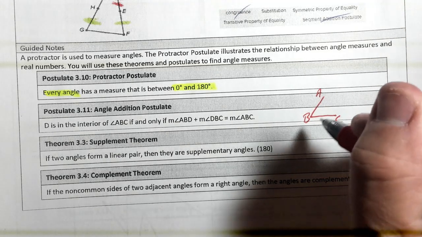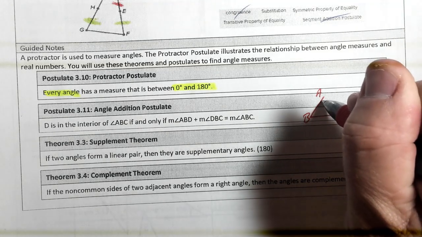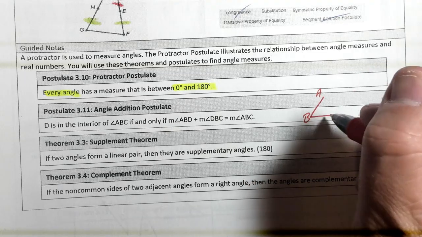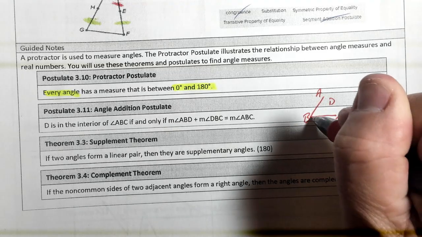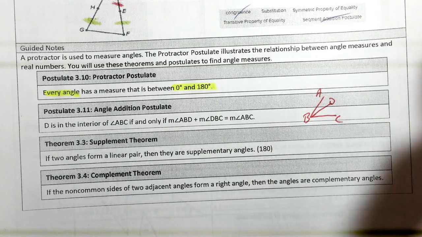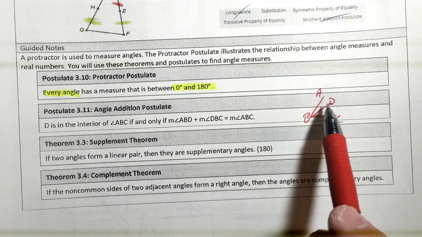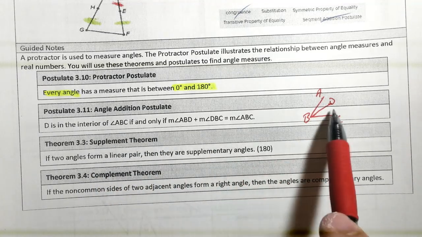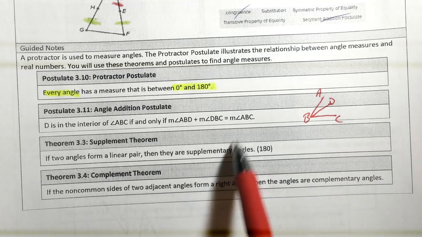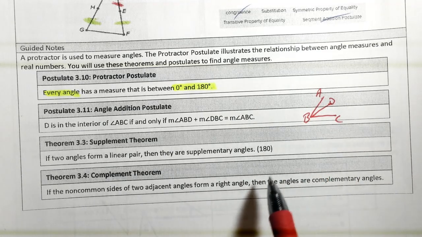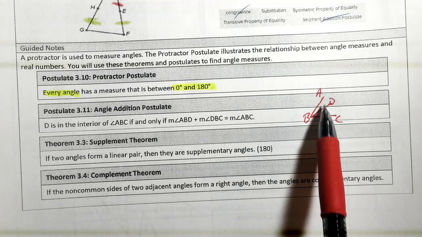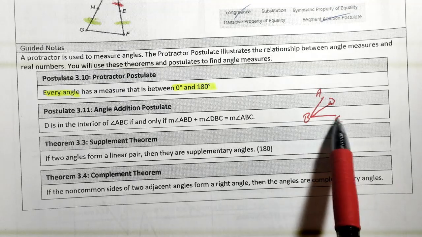And they're saying that D is in the interior. Remember, we talked about the angles. This is the interior, the inside. So if D is here, we draw a line. They're saying D is on the interior if and only if ABD, so this angle, plus DBC, this angle, equals ABC. So D is only in the interior if those two angles equal the whole angle.